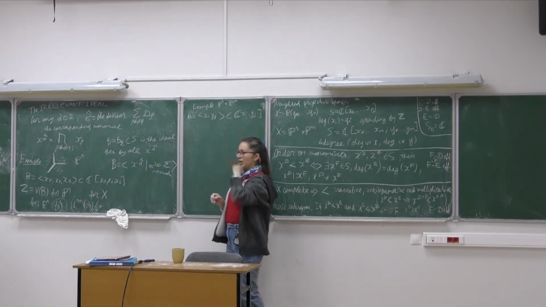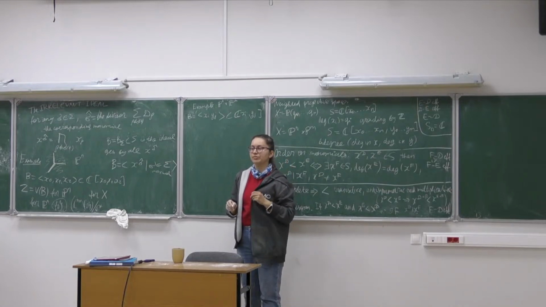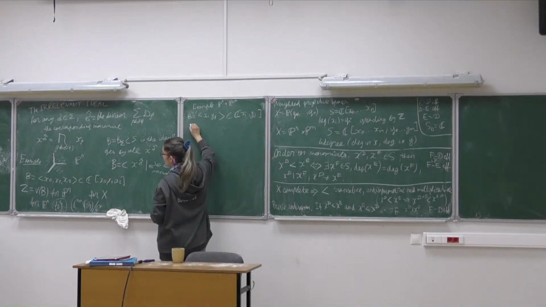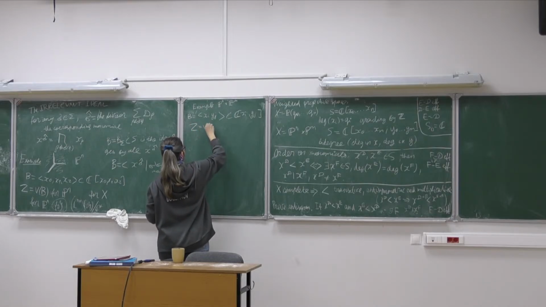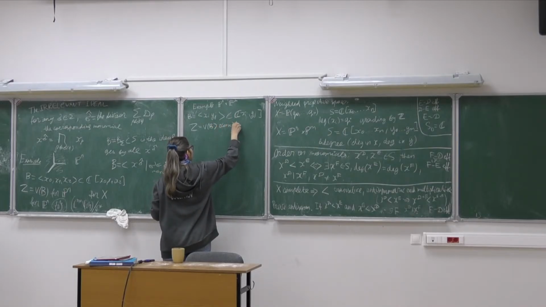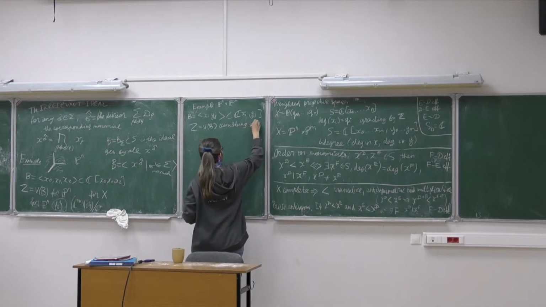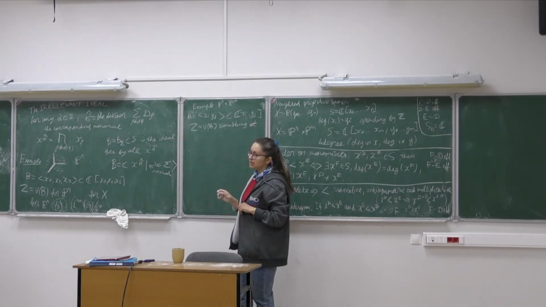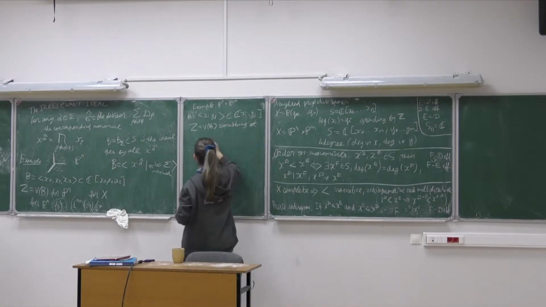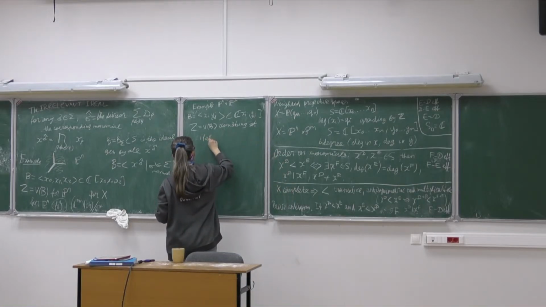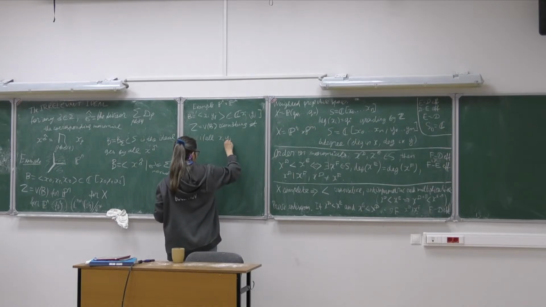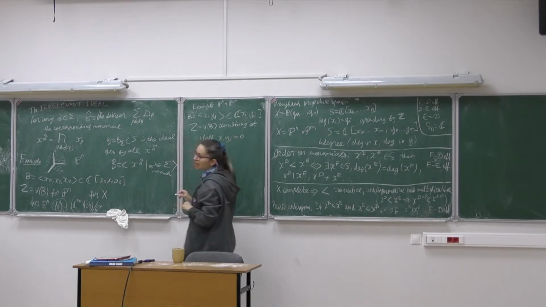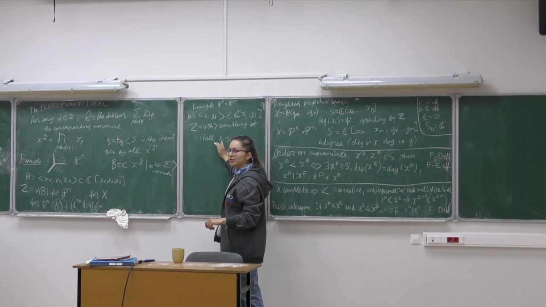Okay, what is the vanishing set? If we take the vanishing set of B, in fact, it is easy to see that if all xi, yj are 0, then either all xi are 0 or all yj are 0.